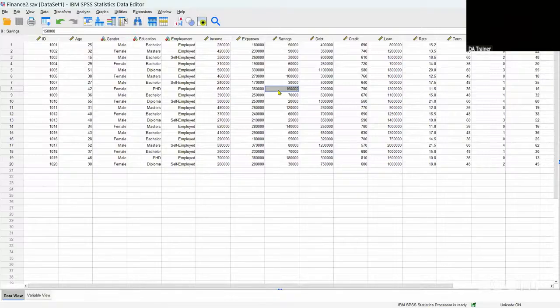Now, if you look at this data set, it is from a financial company, like a microfinance company. They are looking at the behavior of their customers and the characteristics of the customers, their values, as well as the loan performance.